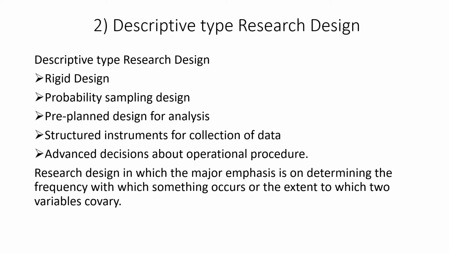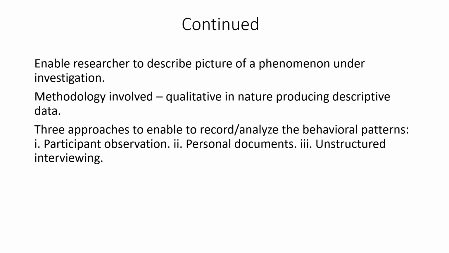Dependent variables are changeable, there are different variations in those variables. Independent variables become the cause, they change the dependent variables. So we see the different frequency of changing the dependent variables by the independent variables. It enables the researcher to describe a picture of the phenomenon under investigation.